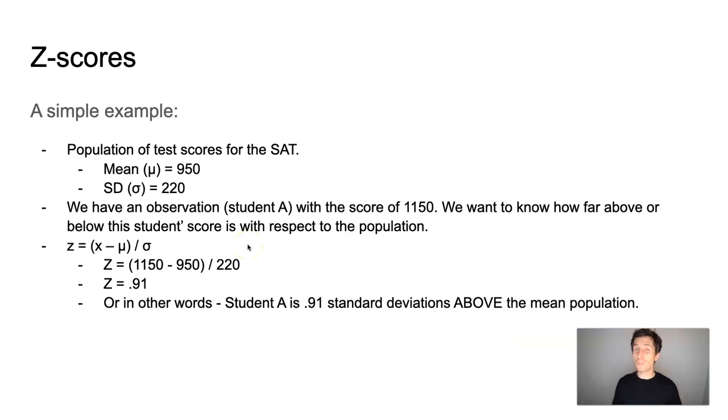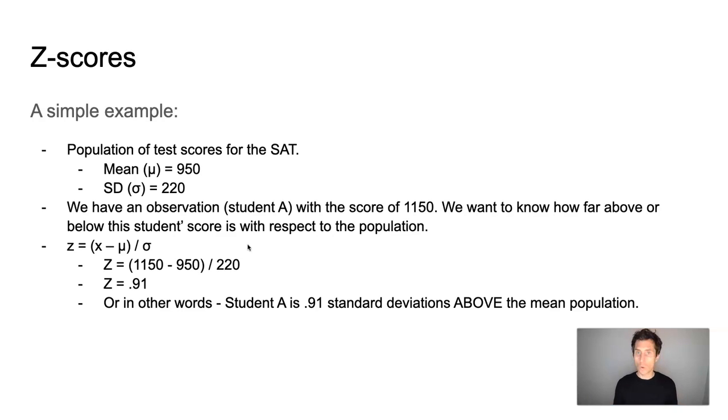Okay, so in jumping in and thinking about z-scores, that is how we infer about any one data point in our sample and how well that represents the population. Let's use this simple example of SAT scores from high school students. Let's take the mean or the average score of an SAT test being 950. And let's say the standard deviation, that is one standard deviation, is 220 points.